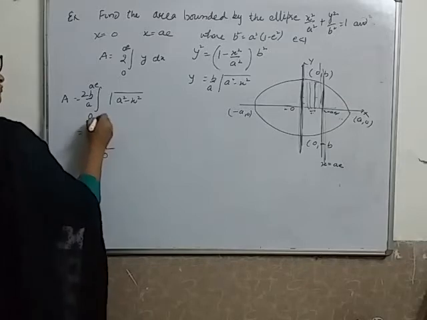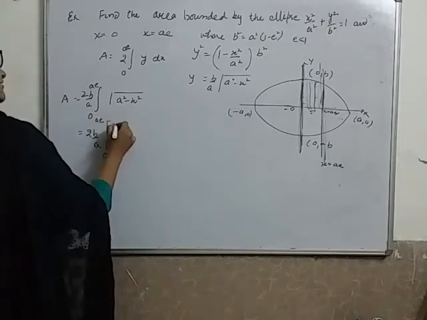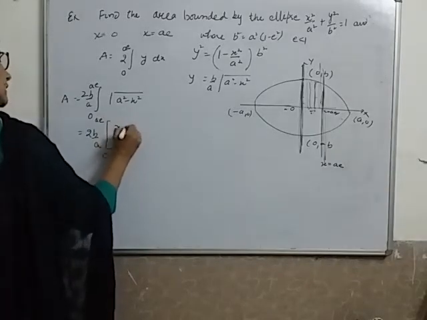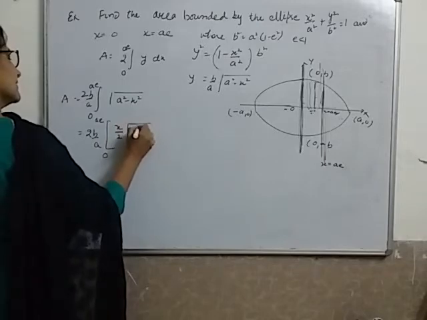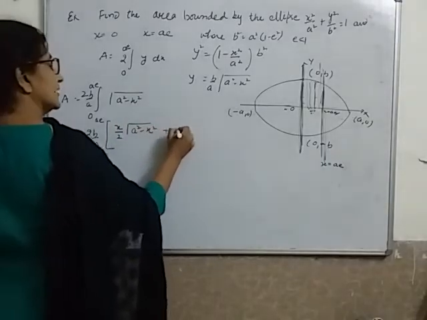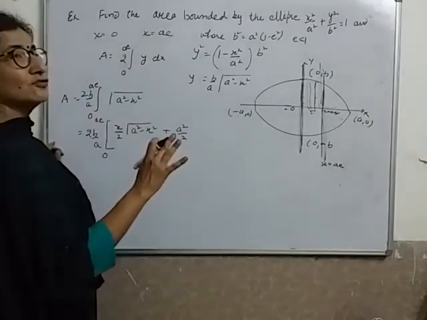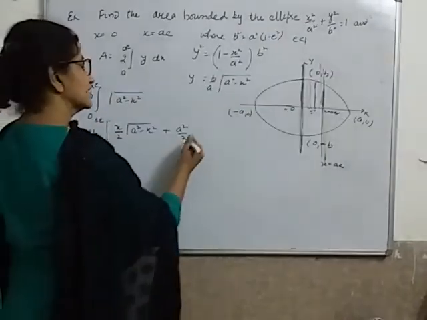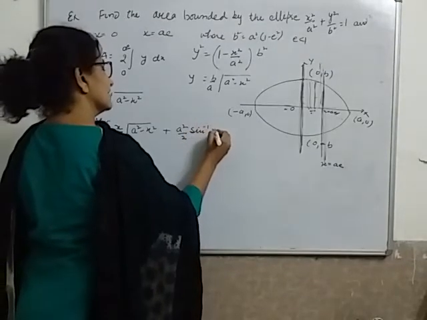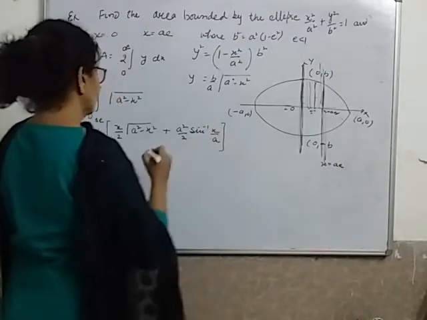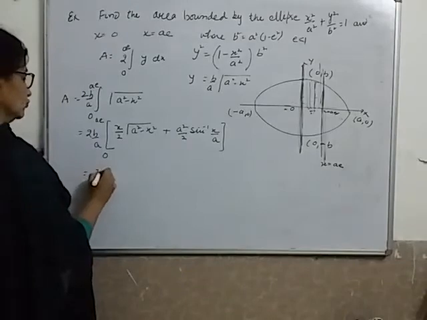This is from 0 to AE: x by 2 root of a square minus x square plus a square by 2 sine inverse x by a. For all the questions which we have done, we have used the same identity or the simple integration. Let's put the limits. 2b by a.